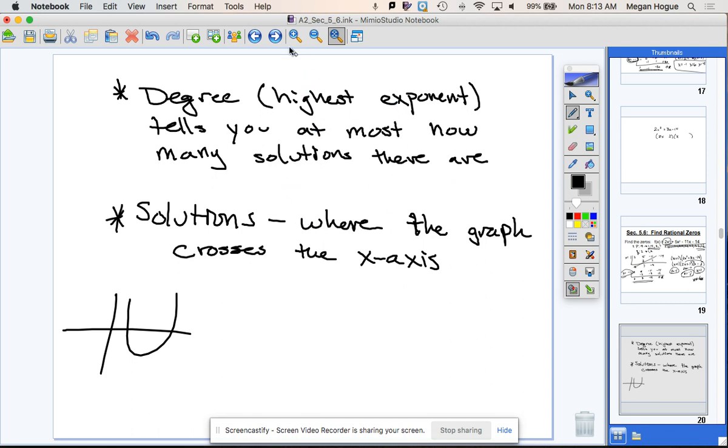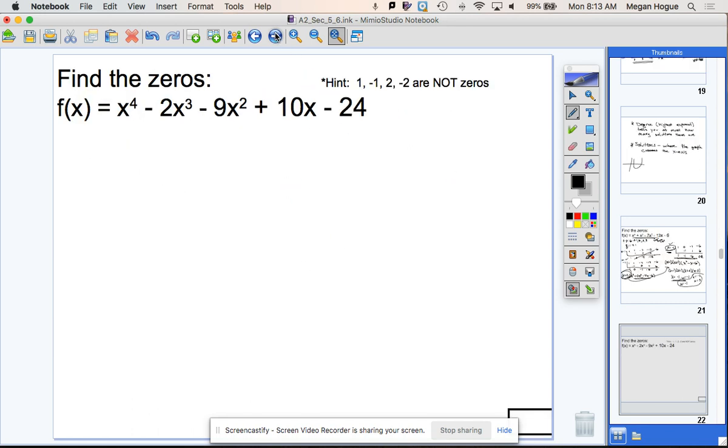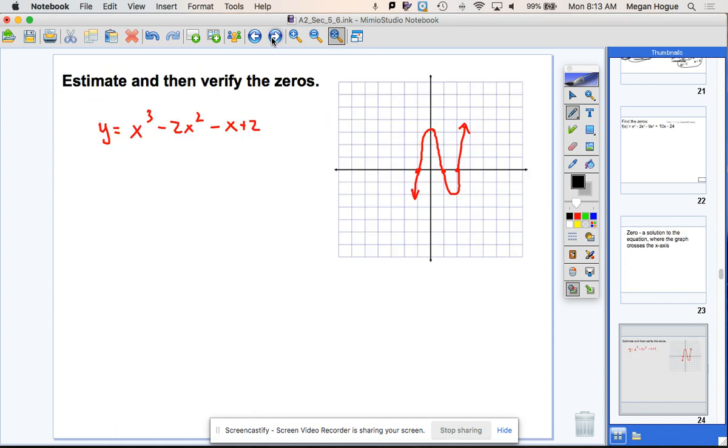So I want to come back and do another one of these power of 4s. I want to come back and do this one. But let's do this one first. So you're going to be given a graph. It's up to you whether you want to try and sketch that or not.